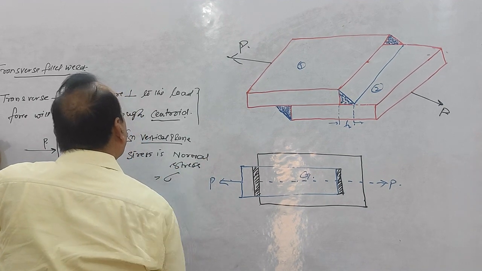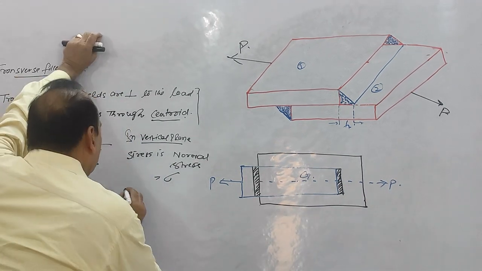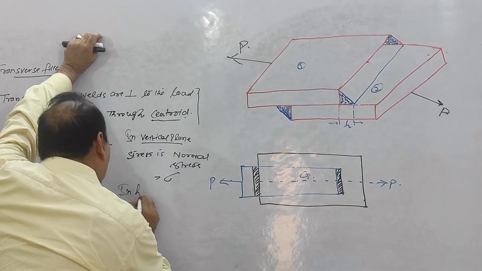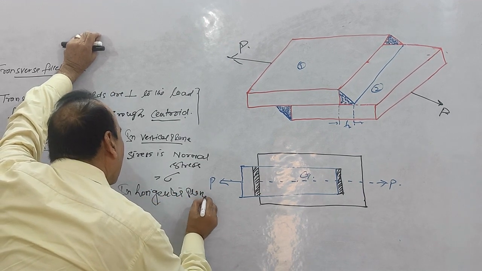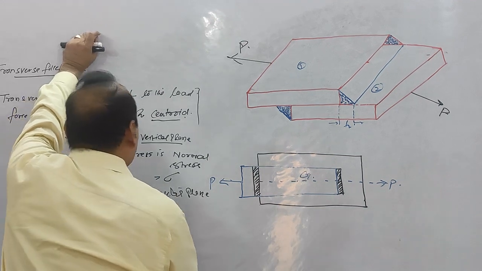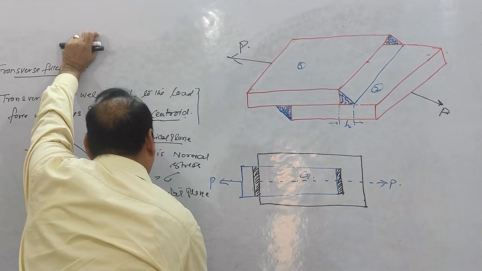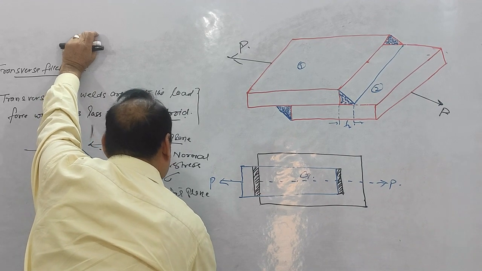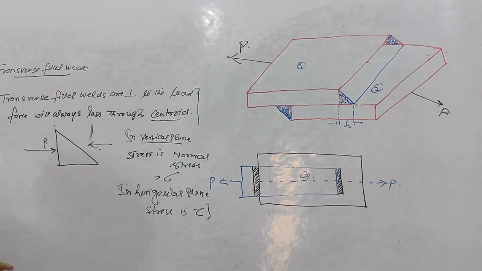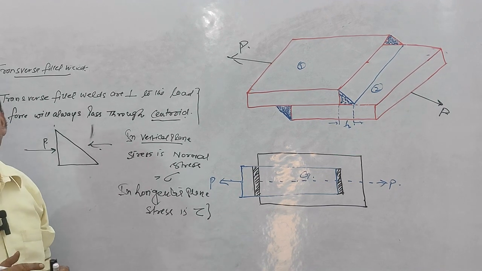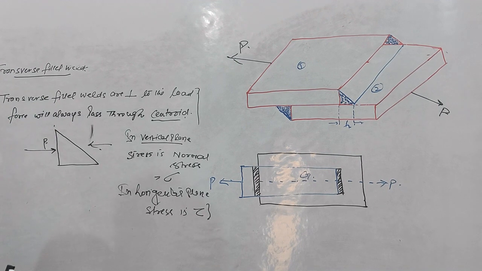That is sigma. इन हॉरिजॉन्टल प्लेन जो स्ट्रेस होगा, वो क्या होगा, स्ट्रेस इज टाउ. यू अंडरस्टैंड दिस पॉइंट. तो जहां पे आपको दो स्ट्रेसेस मिलेंगी, one stress is normal stress and the second stress is the shear stress, because of the force P which you have applied to the weld here.